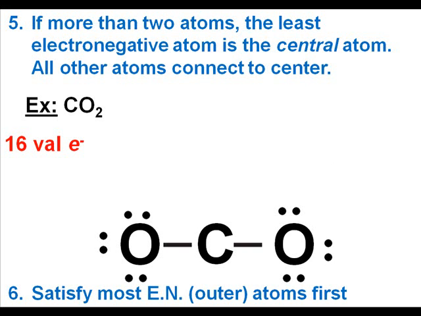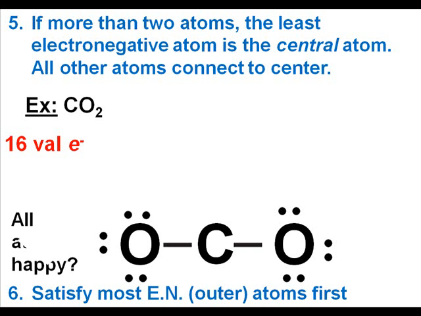But now, is each atom satisfied? In other words, is each atom's valence shell filled? Well, I see 2, 4, 6, 8 electrons around the left oxygen, 2, 4, 6, 8 electrons around the other oxygen, but I see only 2, 4 electrons around the carbon because it has only 2 carbon bonds.